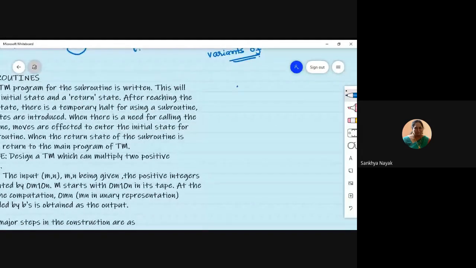So subroutines are used when you do something repeatedly, isn't it? You use a subroutine if some action has to be repeated, again and again and again. That's why they have taken the example of multiplication here. For example, in the tape, they are going to store, let us say, something like this.